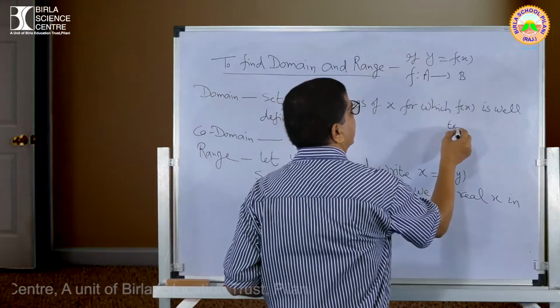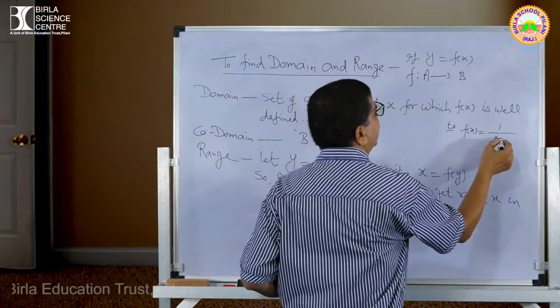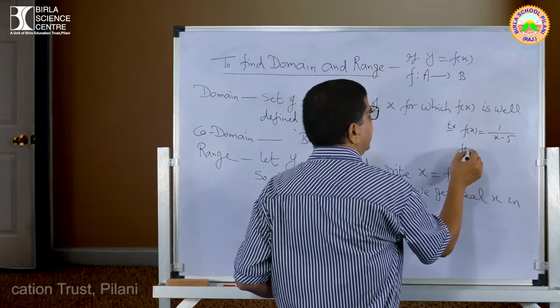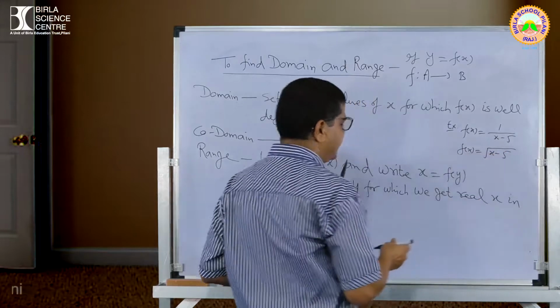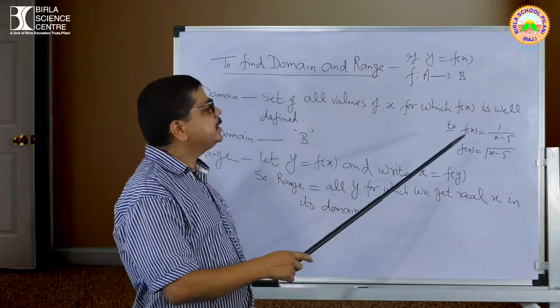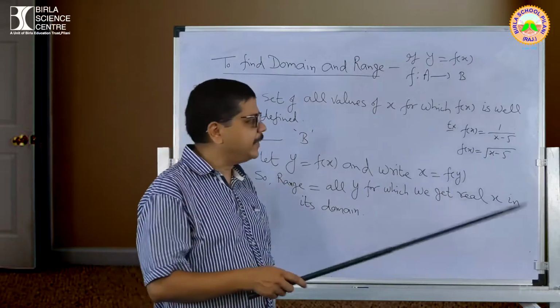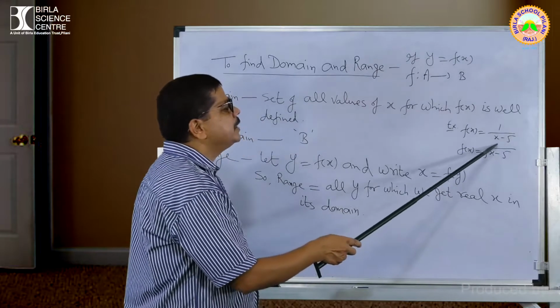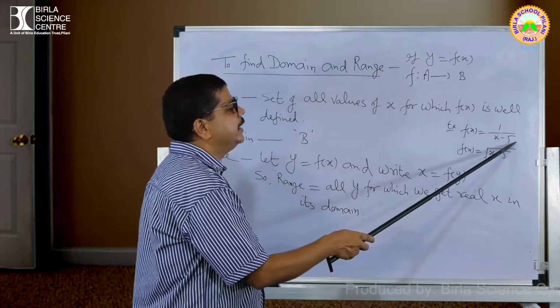Suppose I write f(x) equal to 1 upon x minus 5, or f(x) equal to under root of x minus 5. In this type of function, if x is 5, then it becomes not defined, something upon 0 is not defined.